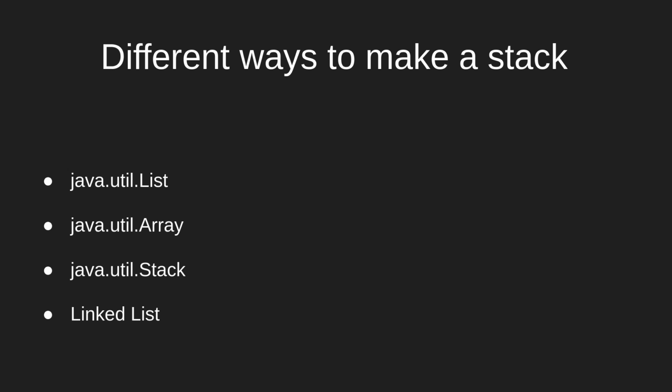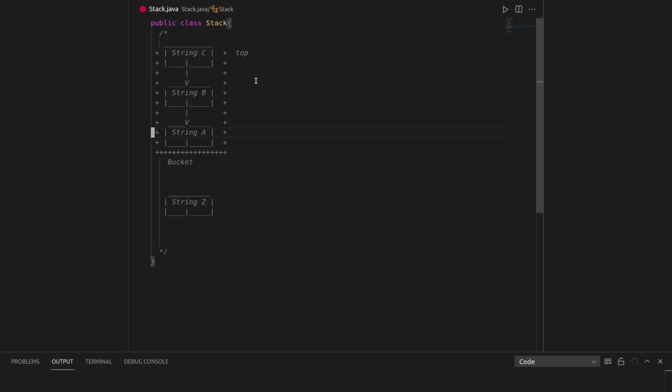Now let's jump into the coding part. So we are trying to implement a stack which will look somewhat like this. The top element will have a string and will also have a link towards the element which is right under it. So the element that has a string C will have a link to the element which is right under it, which is the element that has string B. So let's first start by creating the node.